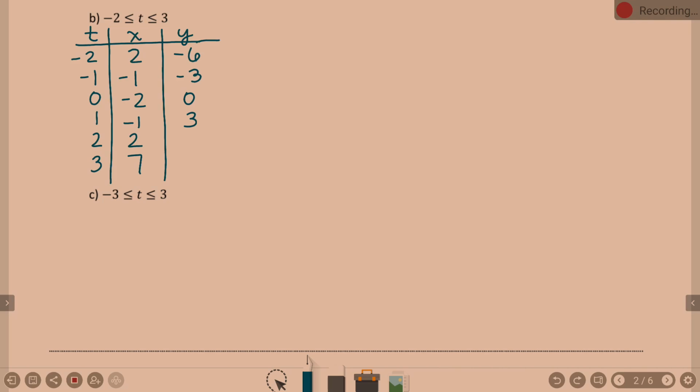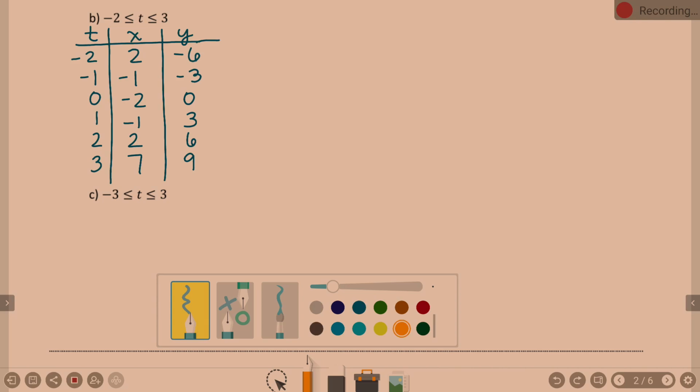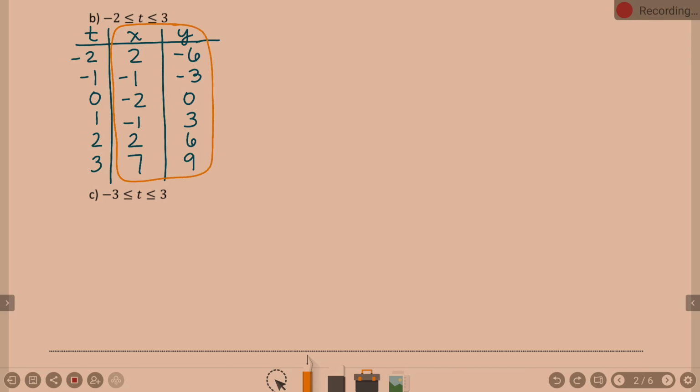And if we plug in my y's, what was my y equation? 3t? Yeah. So 3 times 2 is 6. 3 times 3 is 9. And again, you don't physically see the t values on the graph, other than that it defines where your graph starts and stops. But they help to define the x and y values.